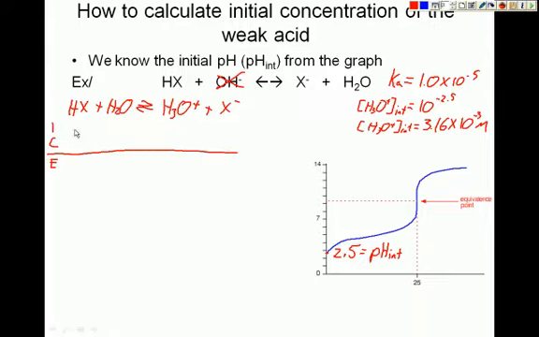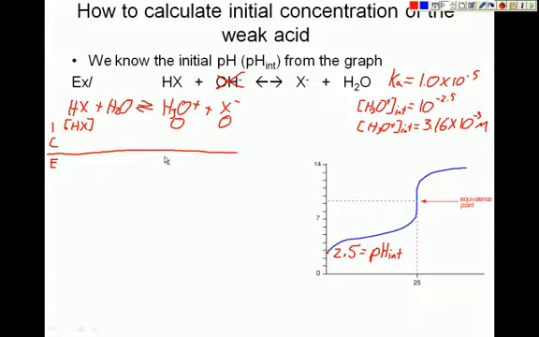Our initial concentration of HX we do not know, but I'm just going to write HX. Our initial H3O plus is 0, and X minus is 0. Now this is going to shift right, and we know that the final concentration at equilibrium, based on the graph, is 3.16 times 10 to the minus 3.